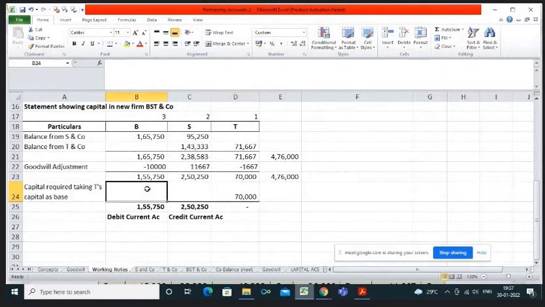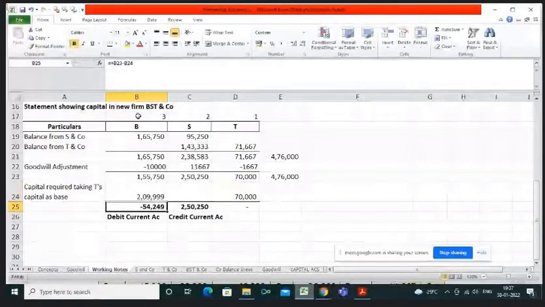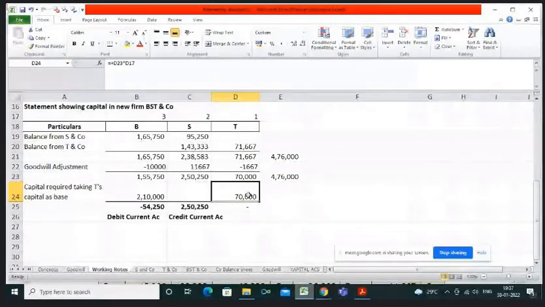In the case of B, 70,000 multiplied by 3 because he has a profit sharing ratio of 3. There will be a rounding error, otherwise it will be 2,10,000. And in the case of S, 70,000 into profit sharing ratio of 2, it should be 1,40,000.